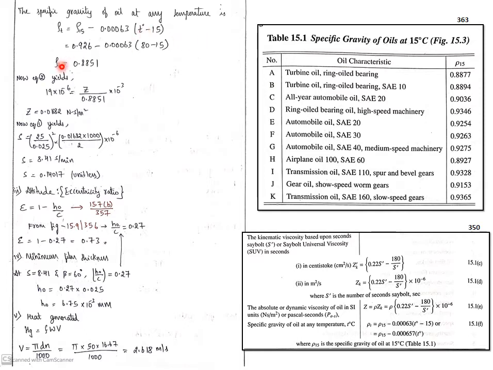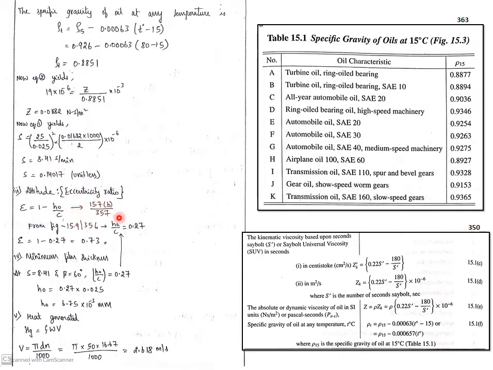Substitute the value of temperature and we will get the value of rho T. Once you get this, substitute the values of Zk and rho to get the viscosity. Once you get the value of Z, substitute back in the Sommerfeld number to find the value of S.